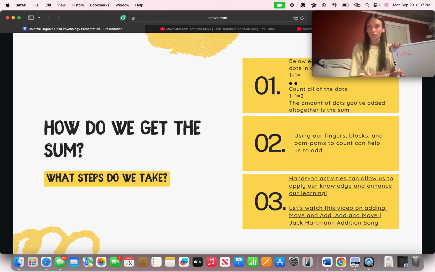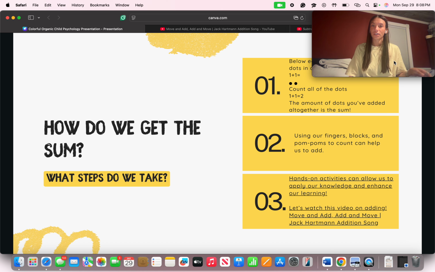Using our dots, we would put 1 dot under our number 1 plus 2 dots under our number 2. And then we're going to count all the dots together to find our sum. 1, 2, 3. So 1 plus 2 equals 3.